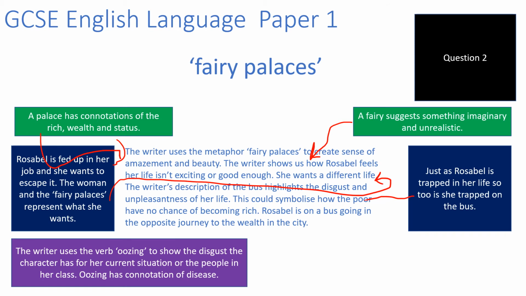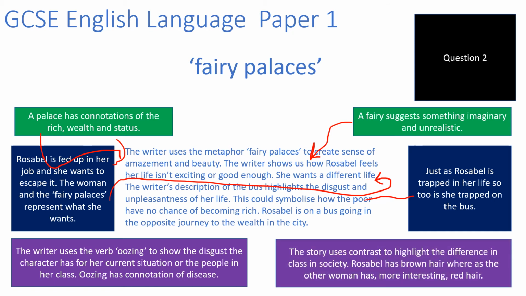So, for example, you could think of a disease and something oozing out pus, something horrible and disgusting. It's really unpleasant, isn't it? So we can see that she sees the bus as a horrible experience, and this idea of oozing gives the sense that her life is maybe diseased and unpleasant. So we've linked the technique there.